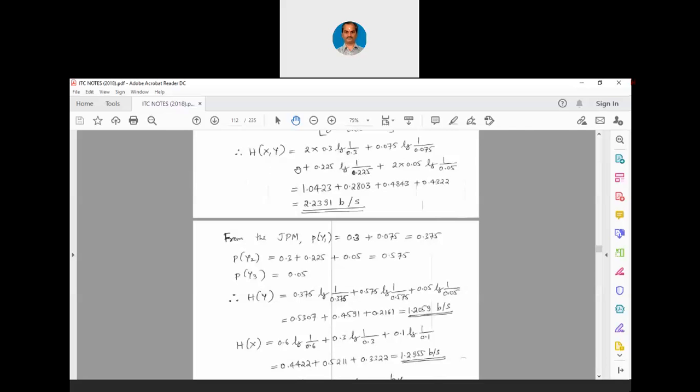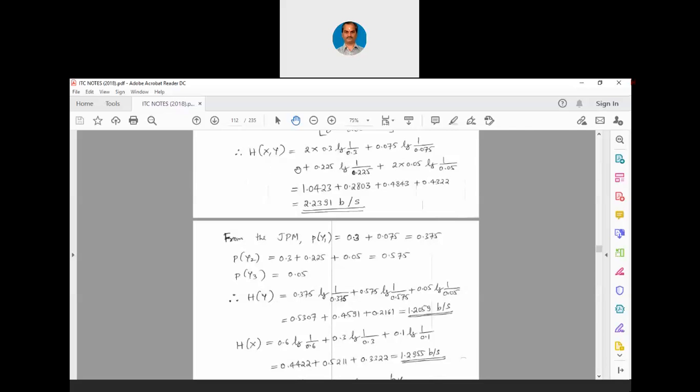Just remember that picture or diagram. You can find out the equivocation whether at the left side or at the right side. You add both of them, H of x plus H of y, and subtract H of x comma y. What you will get? You will get mutual information, right?